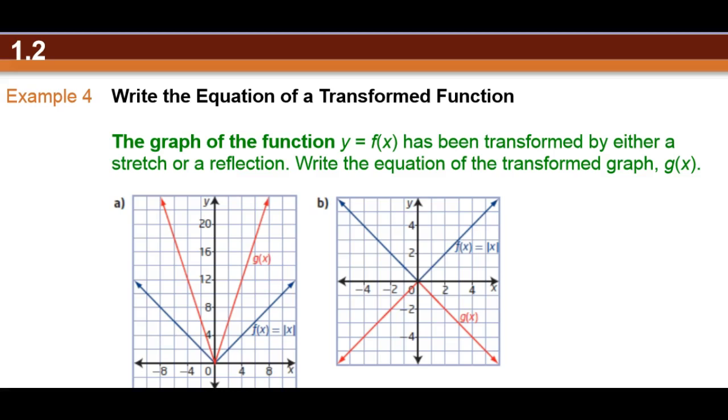In that table, the x's are not changing, but our y's are: minus 6 and 18, minus 4 and 12, minus 2 and 6, I missed one, and 0 and 0, and then 2 and 6. We noticed nothing happened to our x's, so this is a vertical stretch.